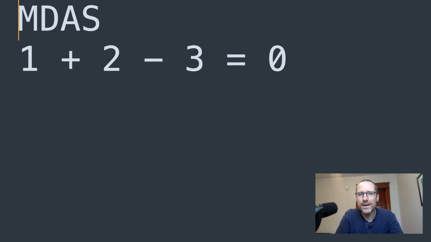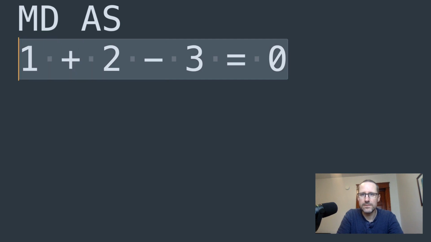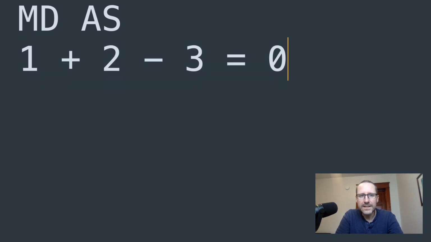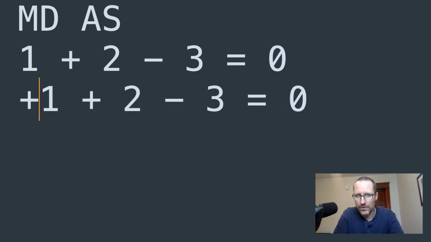And so the right way to say this, though, is multiplication, division, and addition, subtraction, because they are actually the same. You can swap them around. So here, imagine if we have this same equation, and the way we'd say it is there's kind of an implied positive 1. It's not negative 1, it's positive 1. So we could just flip this around.